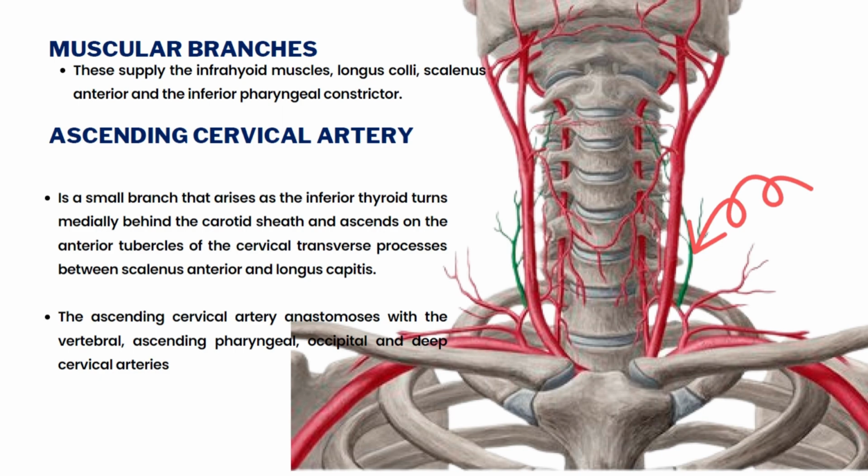The ascending cervical artery is a small branch that arises as the inferior thyroid turns medially behind the carotid sheath and ascends on the anterior tubercles of the cervical transverse processes between the scalenus anterior and longus capitis. It supplies the muscles of the neck and connects the branches of the vertebral arteries.